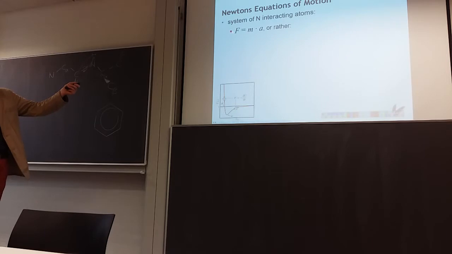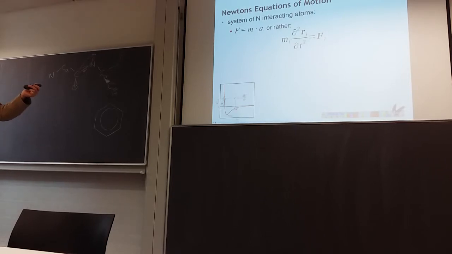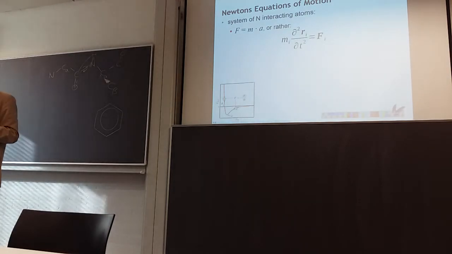This is the famous way to write it, F equals m times a, but the way Newton actually wrote it was a differential equation where the second derivative of the coordinates with respect to time, times the mass, equals the force.